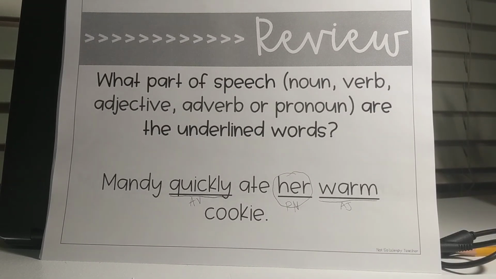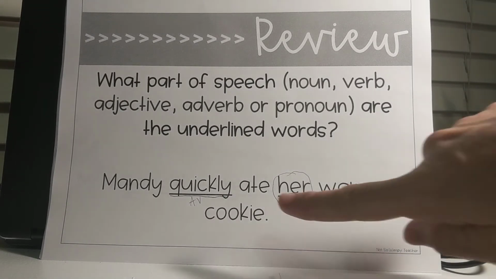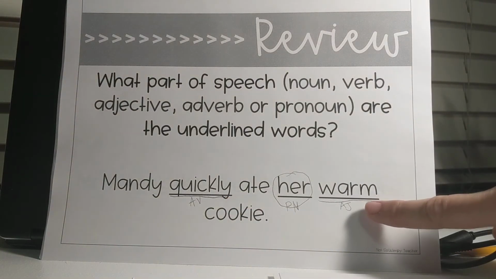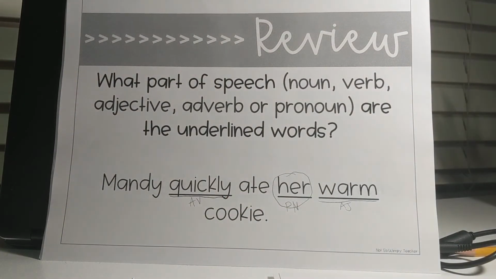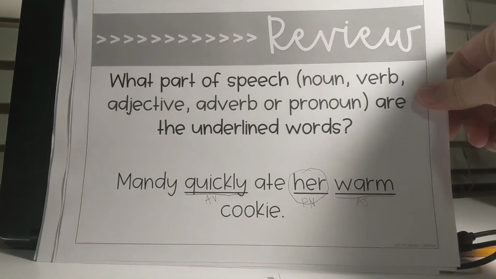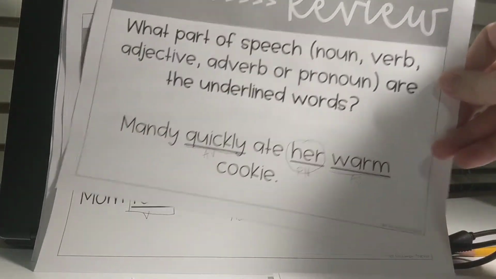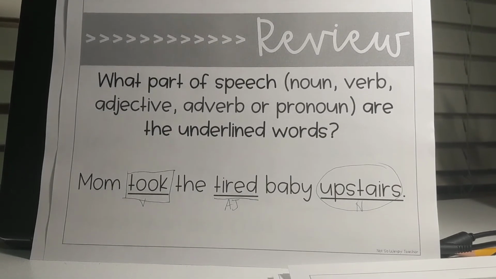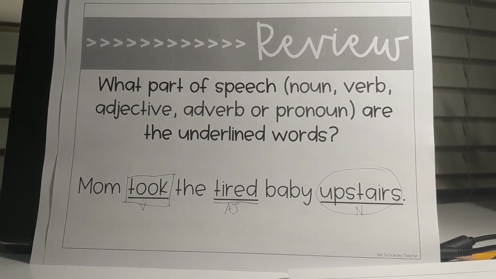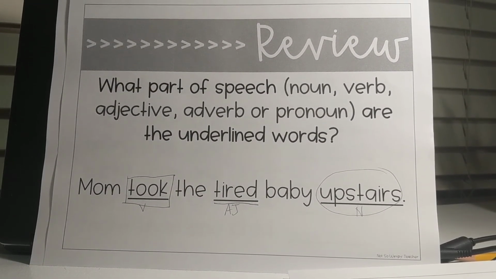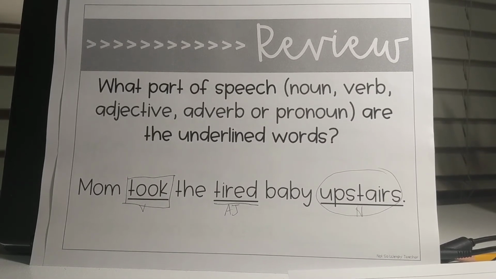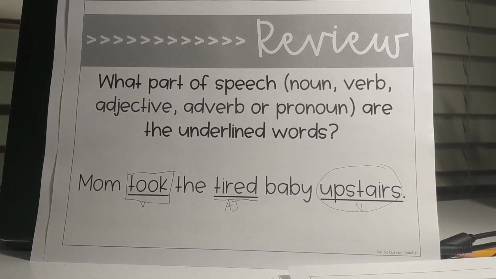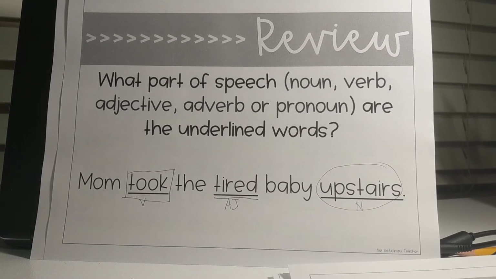When you're writing in your journals today, I want you to underline adverbs and adjectives and circle nouns and pronouns. Mom took the tired baby upstairs. So Mom took, and the took is the action, so that's the verb.